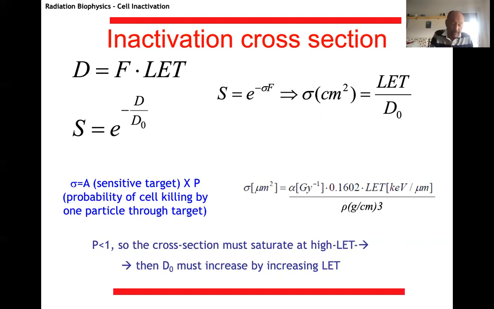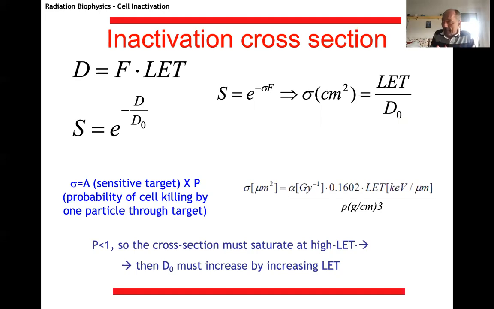The probability of having two lesions, leading to an intra-track lethal event, increases if I increase the LET, because the mean free path becomes smaller and smaller. So the probability of having two lesions close to each other increases until around 100 keV per micron.